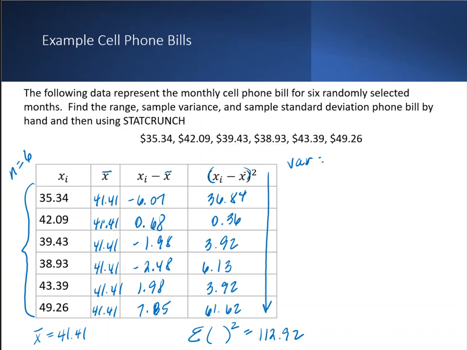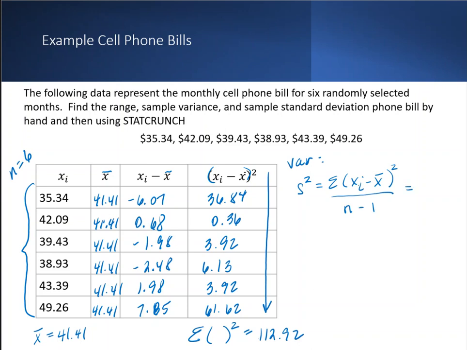So we would have this variance squared is equal to the sum of x sub i minus x bar squared over n minus 1.